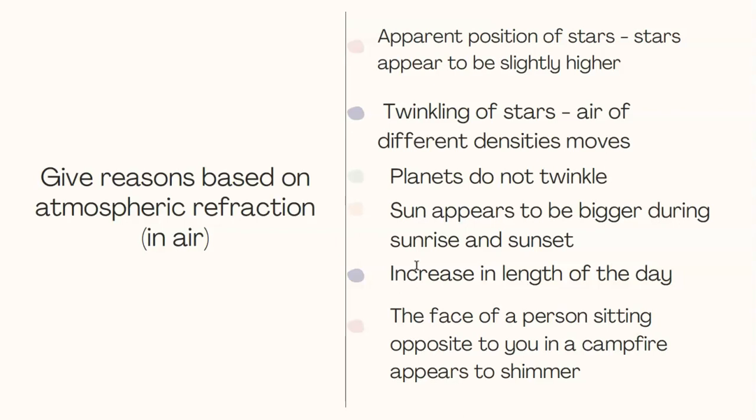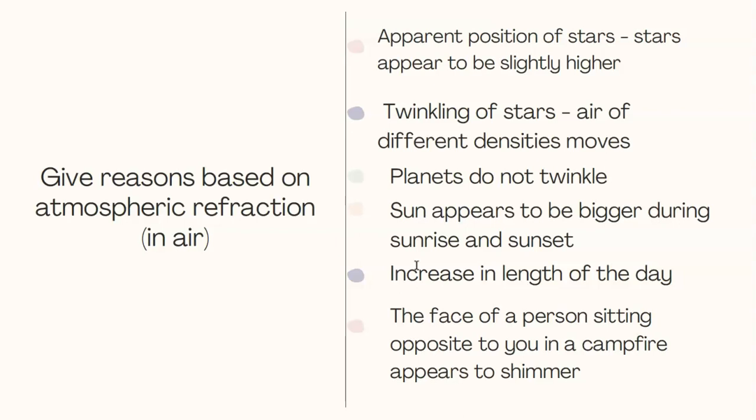This phenomenon, this atmospheric refraction of sunlight, increases the length of the day by 4 minutes. 2 minutes before the sunrise, 2 minutes after the sunset. In short, the length of the day appears to have increased by 4 minutes. That is also due to atmospheric refraction.